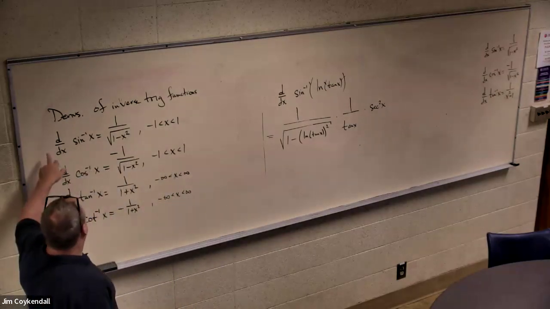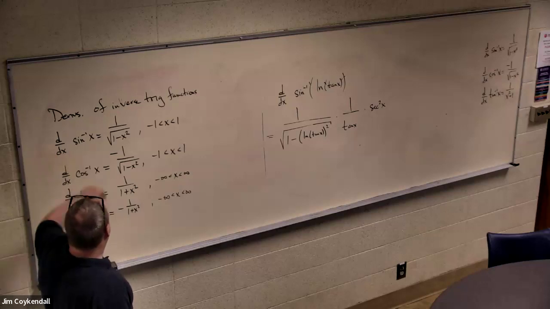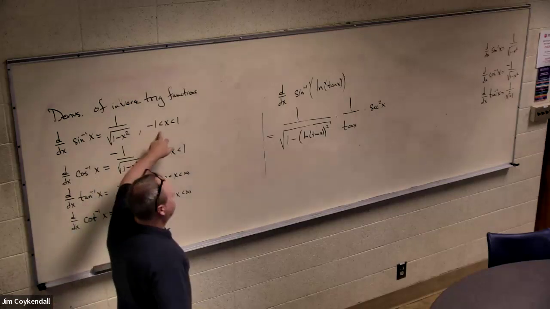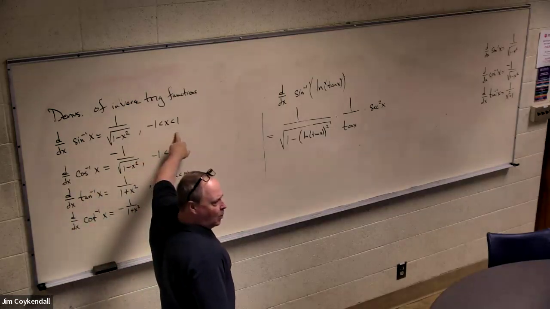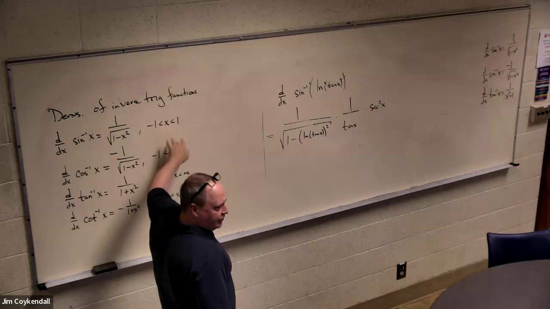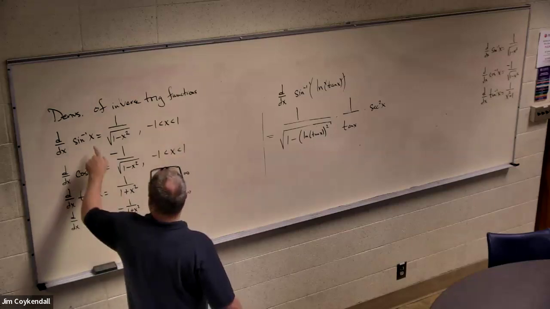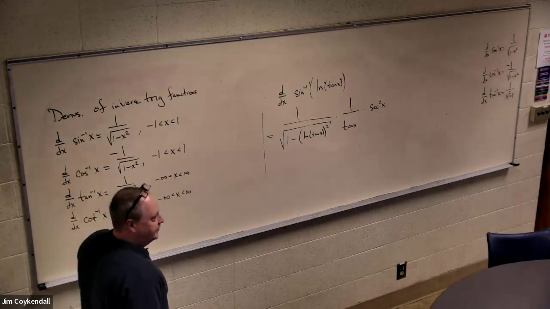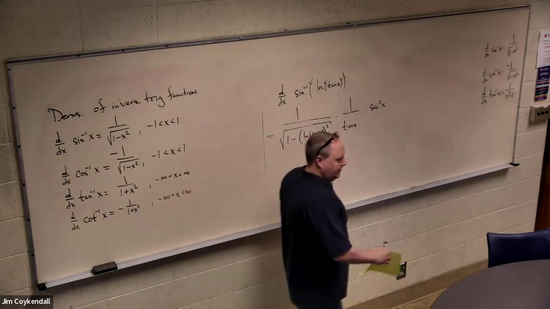Okay. Derivative of the inverse sine of x is 1 over the square root of 1 minus x squared, for x between minus 1 and 1. Why do I have this restriction? Because actually, the inverse sine function is only defined between minus 1 and 1. Maybe you've done this experiment before.